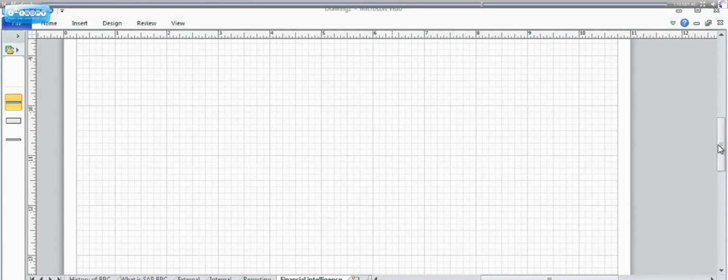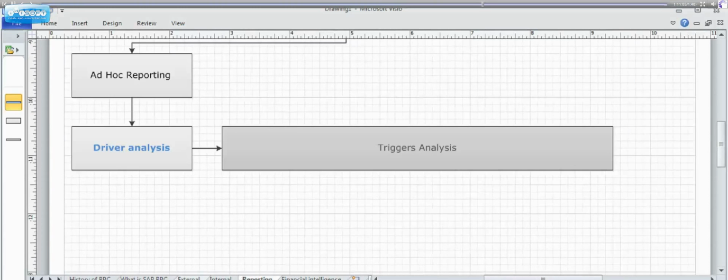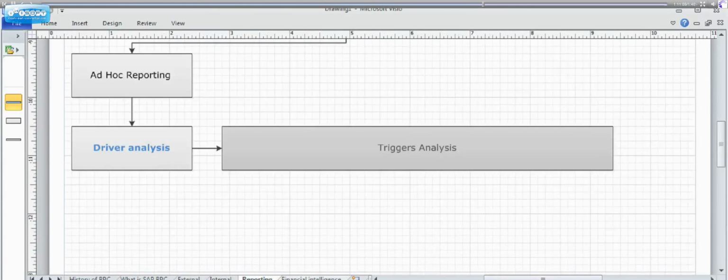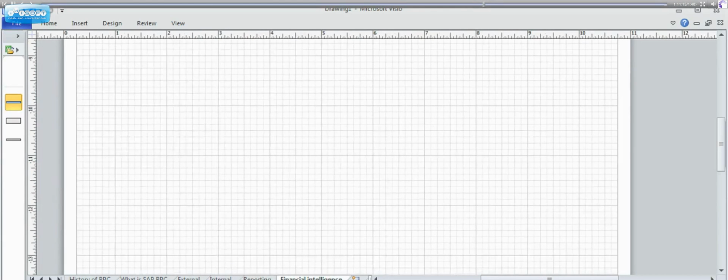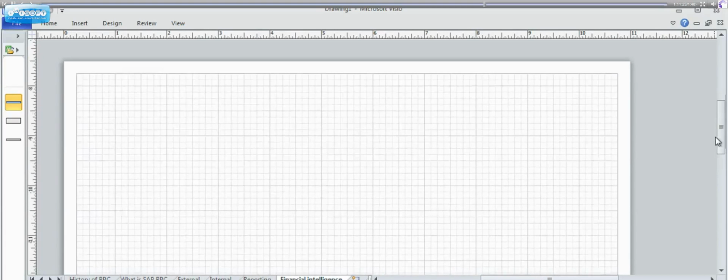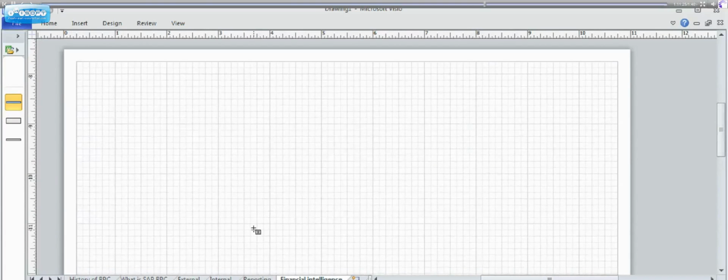Okay, so let's look at that. These factors are external factors and internal factors. Reporting is critically important for BPC to provide to any organization, and a lot of things can be adapted by having those things in place with regards to BPC implementation.